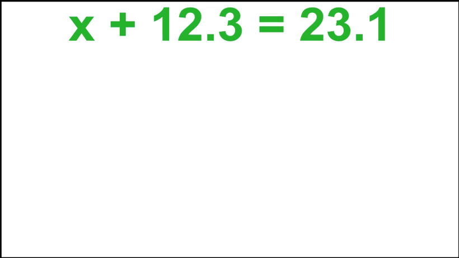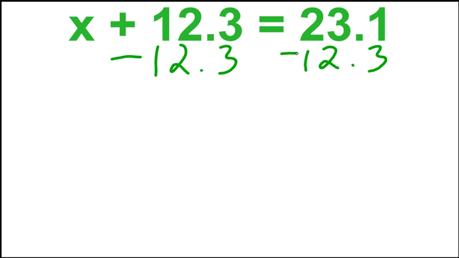So you're subtracting the 12.3 from each side. When you subtract with decimals, you want to line up your decimal points. Over here on the left, doesn't matter, it cancels out. On the right side, you got to borrow.